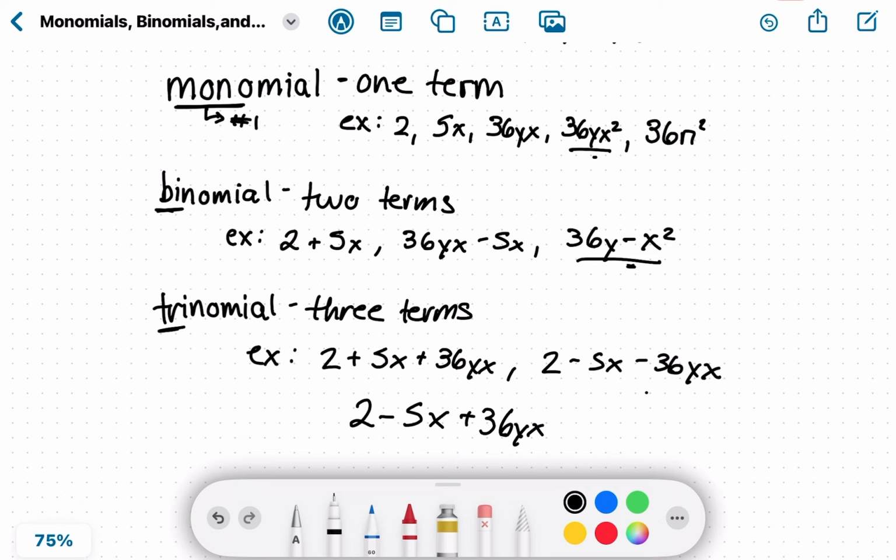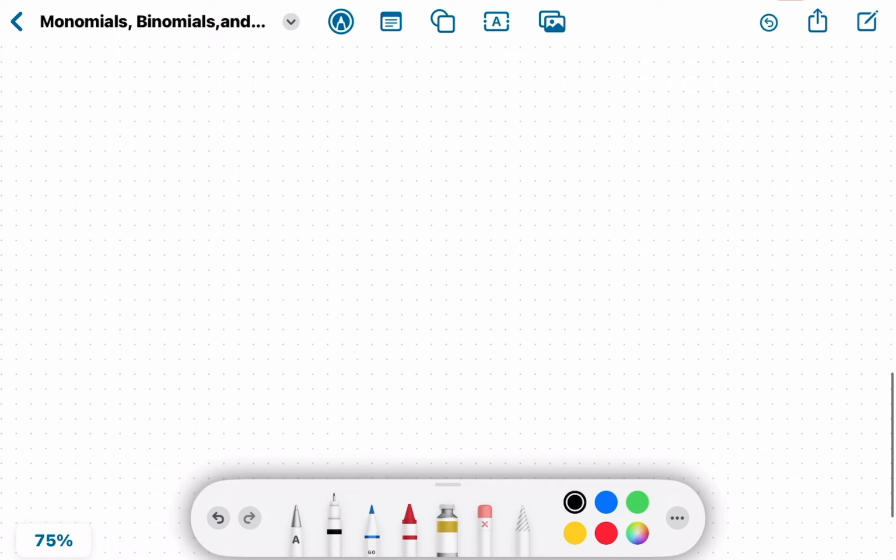Now that we know the definitions, let's go over some rules that I've probably already said tons of times, but it's always good to repeat them so you remember them.